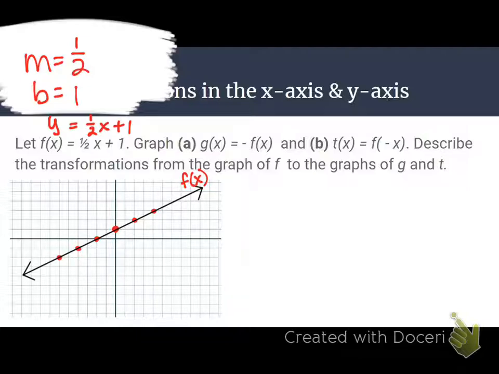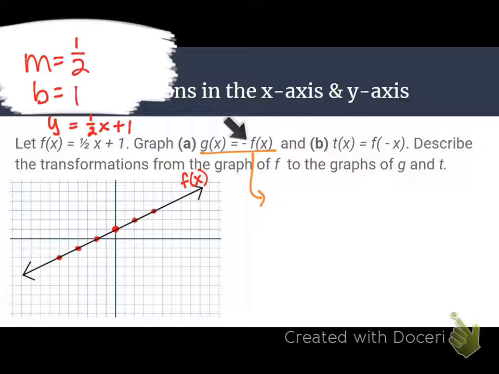All right, for g of x equals negative f of x, are they changing or negating their inputs or their outputs? What do we think? Outside. It's outside, so those would be our outputs.